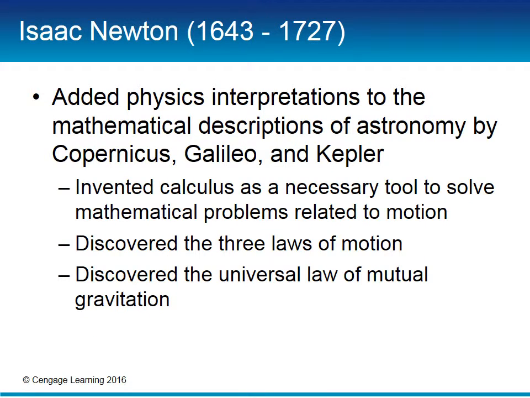Sir Isaac Newton added physics interpretations to the mathematical descriptions of astronomy by Copernicus, Galileo, and Kepler. He invented calculus, discovered the three laws of motion, and also discovered the universal law of mutual gravitation.